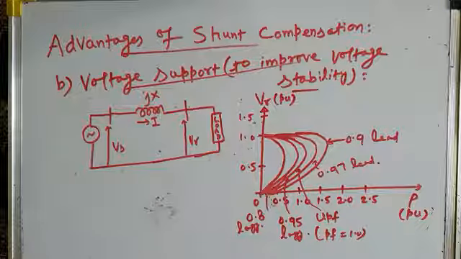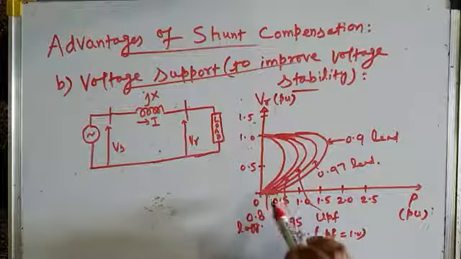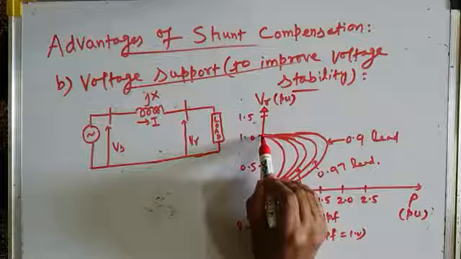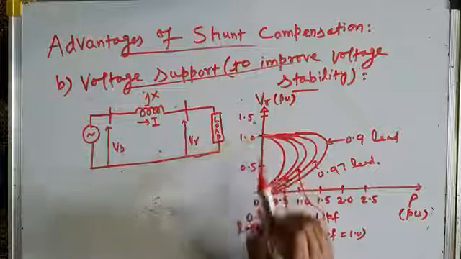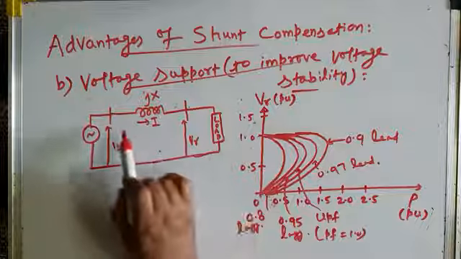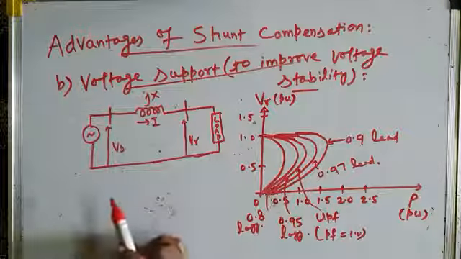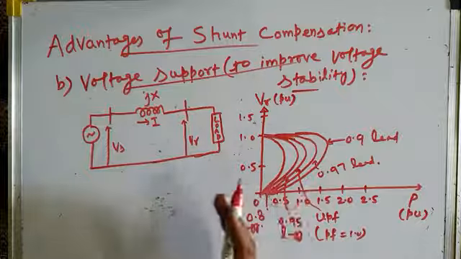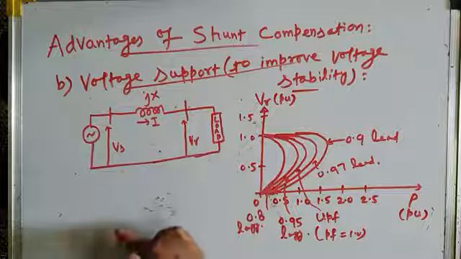Now you can very clearly see that, for example, for 0.8 lagging power factor, the receiving end voltage is unity for zero load, and as the load draws more and more power, or more and more power flows over the transmission line, of course there will be active power as well as reactive power.